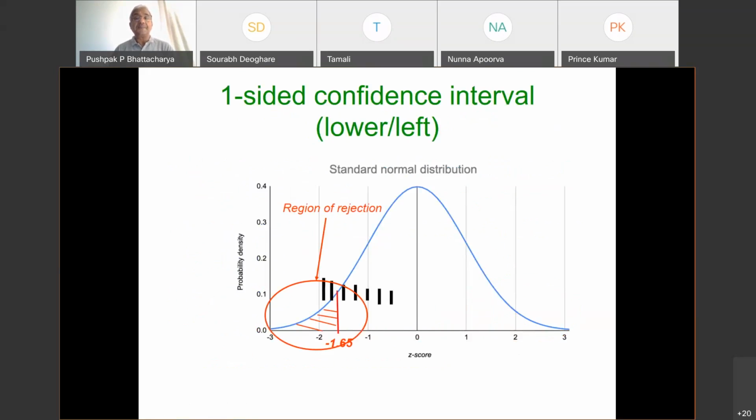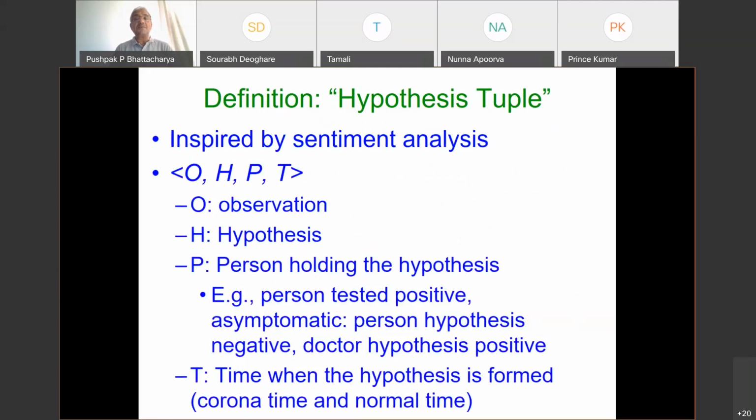Now we take the definition of hypothesis, which is inspired by sentiment analysis. So we have observations in the form of data. H is the hypothesis. P is the person holding the hypothesis. And T is the time when this hypothesis is held. So this tuple-based definition should be familiar to people working on sentiment analysis, where there are 5 tuples. The fifth component of the tuple is with respect to a feature of the entity.